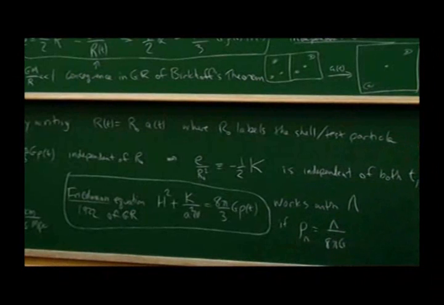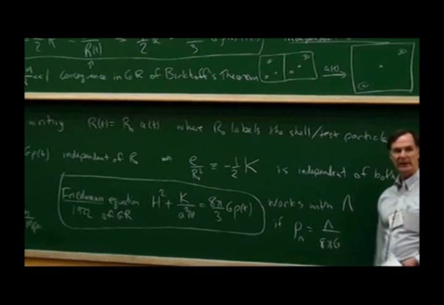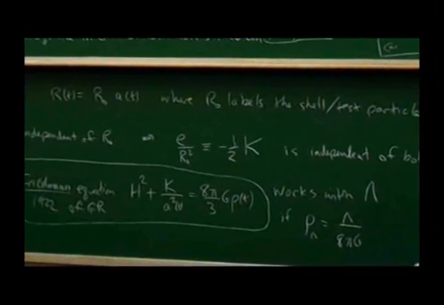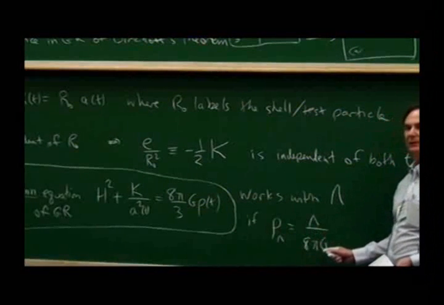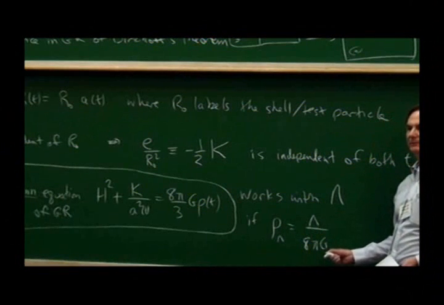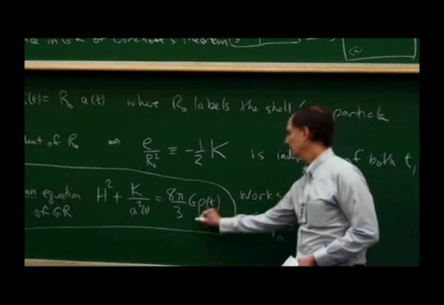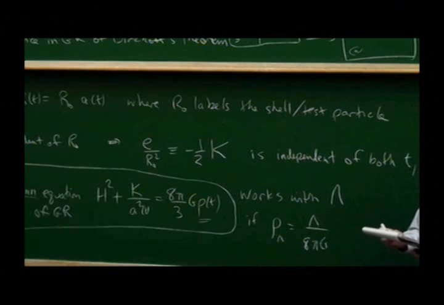Einstein's cosmological constant just corresponds to a constant energy density, lambda over 8 pi G. I'm setting c equal to 1 here. And there it is. You can just put in a contribution to rho from vacuum energy, cosmological constant, from different particle species, anything you want. This rho T is the total mass energy density.